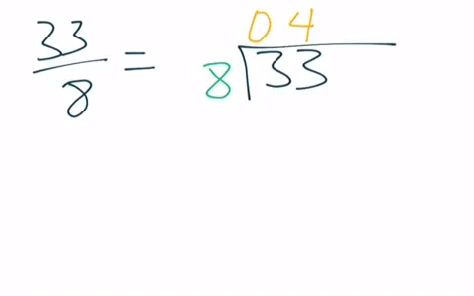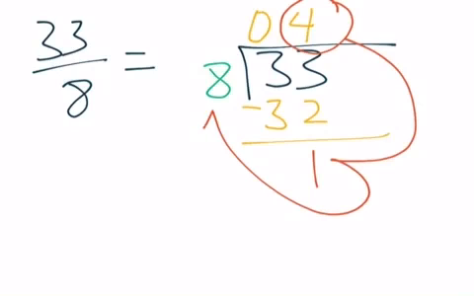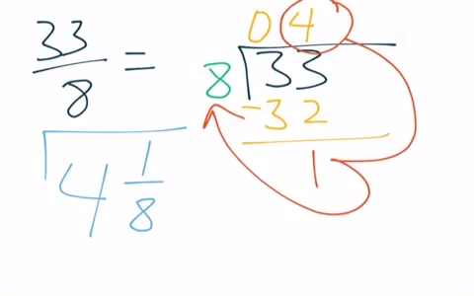If you got your 8s down, 8 times 4 is 32. And when you subtract, you're just going to get 1. We're done. We don't have anything else to bring down or divide, so I have my full answer: 4 and 1/8 is going to be the full answer to all this work that I just did.